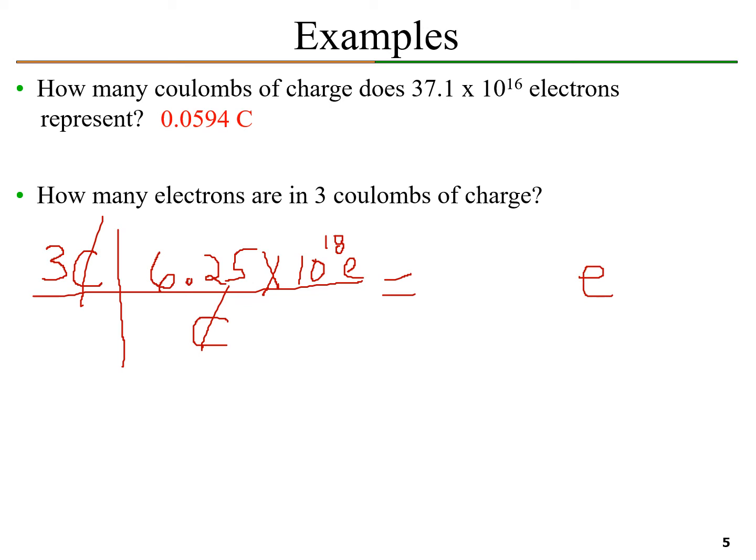Next, we multiply 3 times 6.25 times 10 to the power 18, and we get 3.75 times 10 to the power 19 electrons.